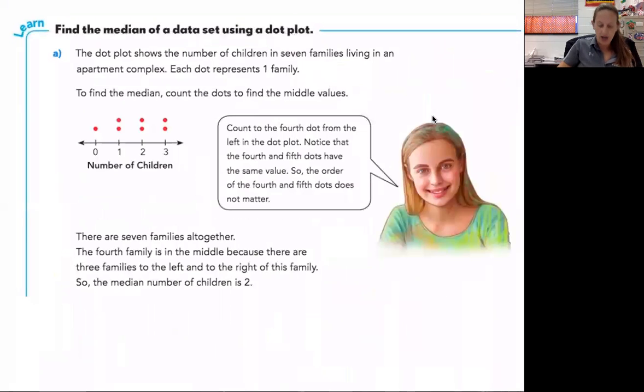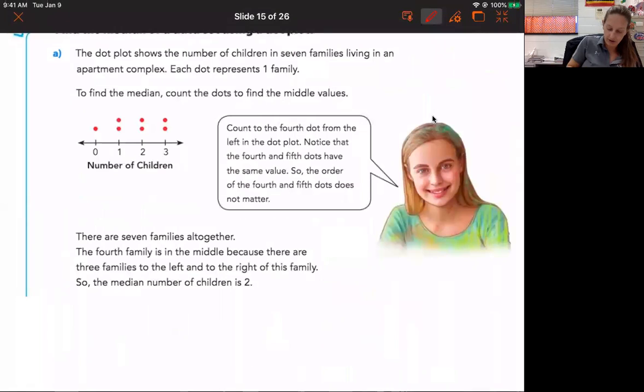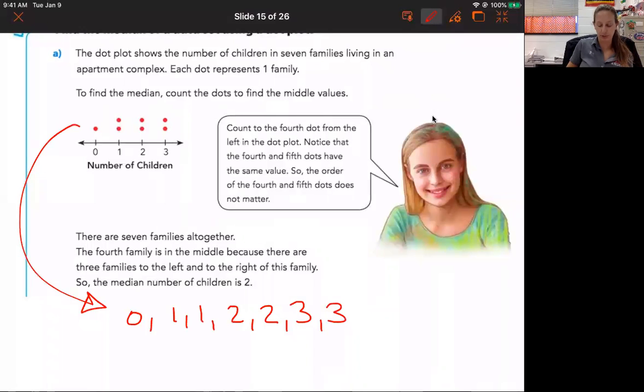Okay. Now we could use dot plots to pull information from the dot plots in order to find our median. So if I list these out, I've got 0, 1, 1, 2, 2, 3, 3. So I just pulled the data out of that dot plot, listed them least to greatest, crossed my way in, my median is 2.